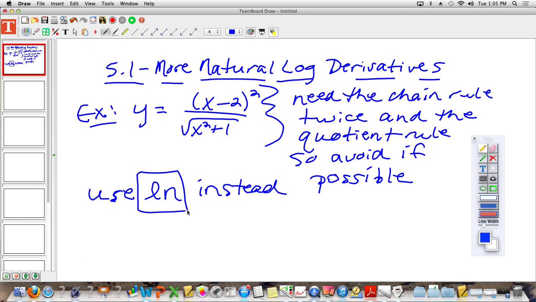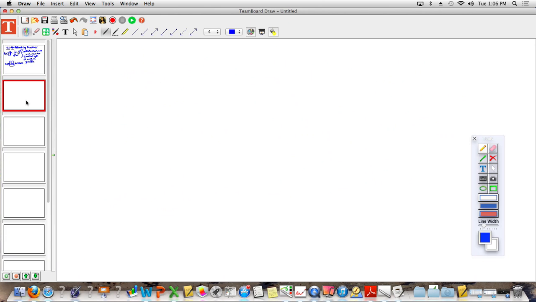So, can I flip pages because I'm going to need to rewrite? Yes? What is the other side? When I say the other side, you actually have to take the ln of y. Yep, so take the ln of y, then take the ln of the other side. Okay, so can I flip? Yes. So where we're going to end up here is the ln of y. I have not taken the derivative yet.